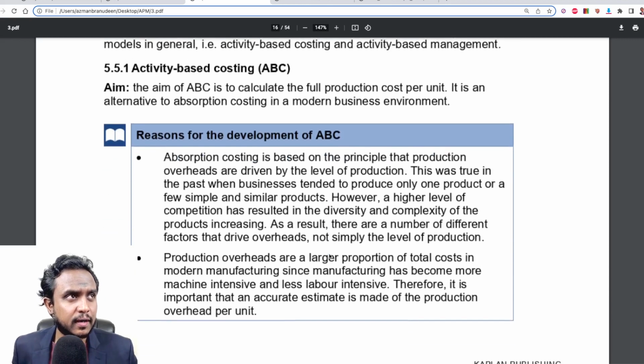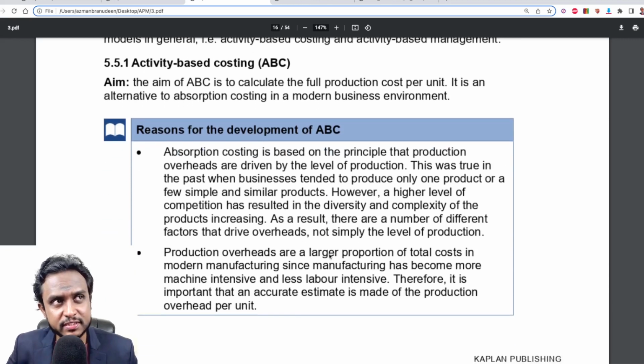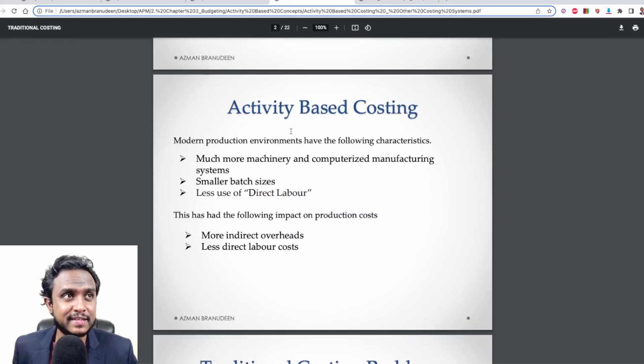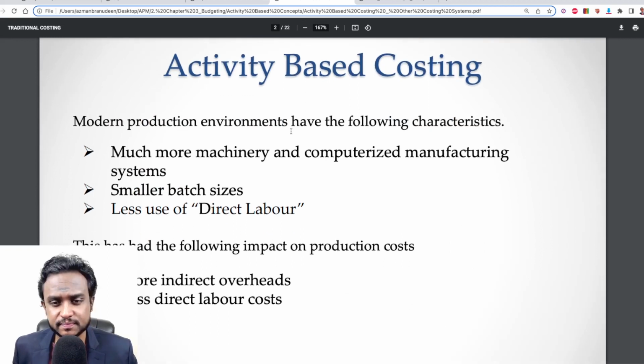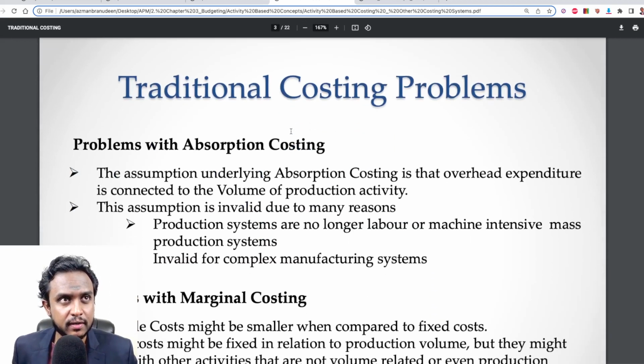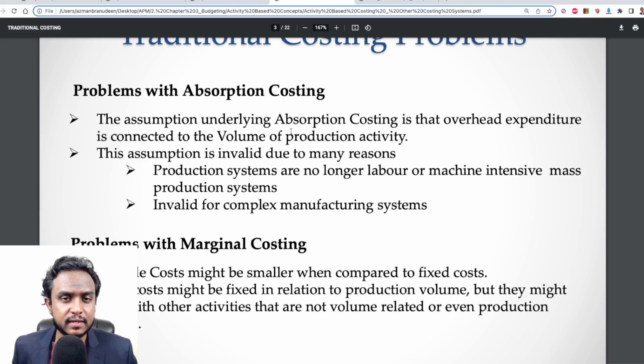Okay, so activity-based costing. The aim of ABC is to calculate the full production cost per unit. You know this. If we go back to how things started, this is stuff from P1 or F5. You know that the traditional costing systems were absorption and marginal, and there were a lot of issues with absorption and marginal with regard to the breakdown of overheads, the root cause analysis, the causality issues, all those kinds of things.